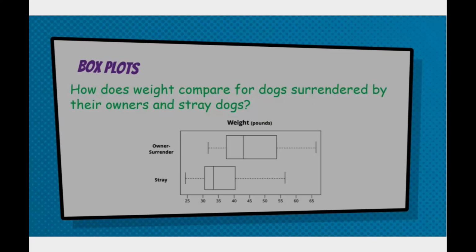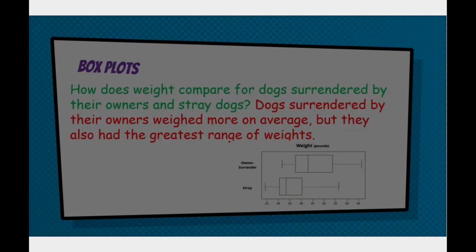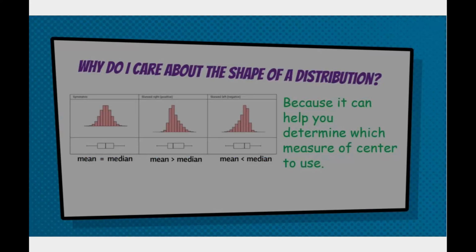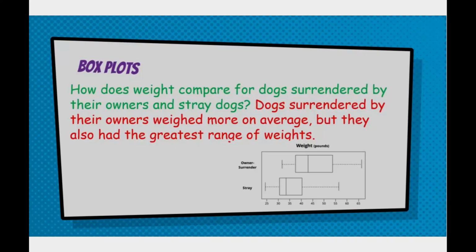For the owner surrendered, the middle 50% of the dogs that were brought in by their owners were about 37 to like 54 pounds. Compare that to the other that were brought in as strays. So dogs surrendered by their owners weighed more on average, but they also had the greatest range of weights too. That's something to consider as well. Their spread was more spread out.